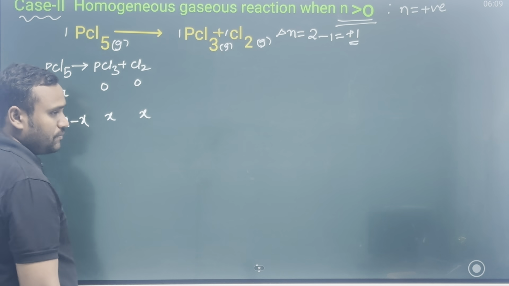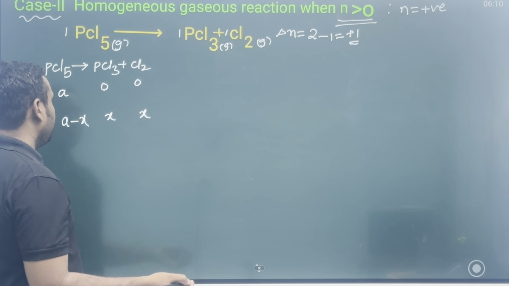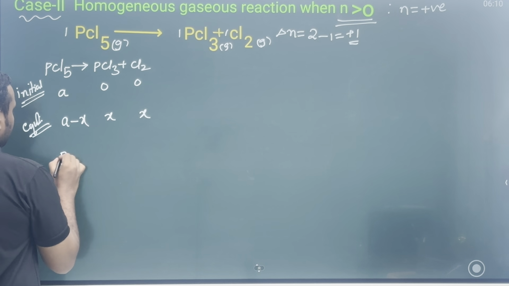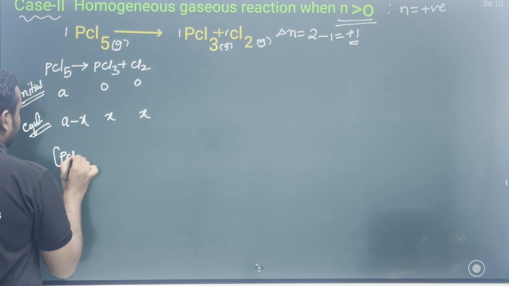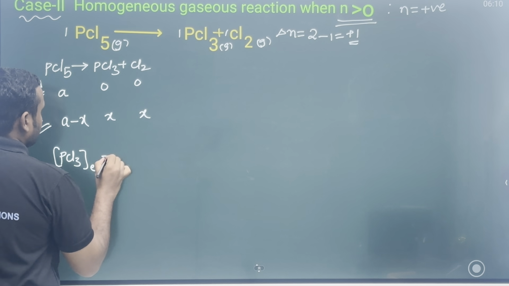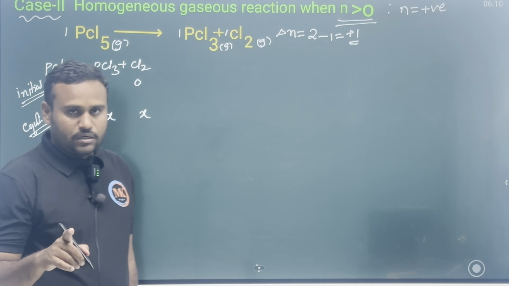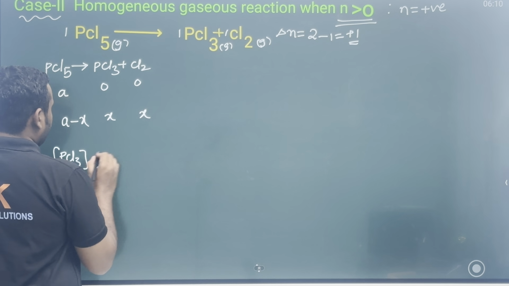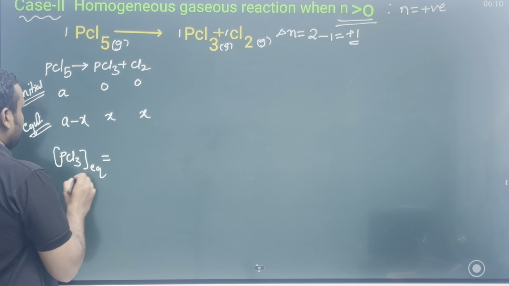Right. Now equilibrium concentrations of PCl5, PCl3 and Cl2 we are going to calculate. Equilibrium concentration means we know already, concentration is nothing but number of moles by volume in liter. So at equilibrium, what is the concentration of PCl5?